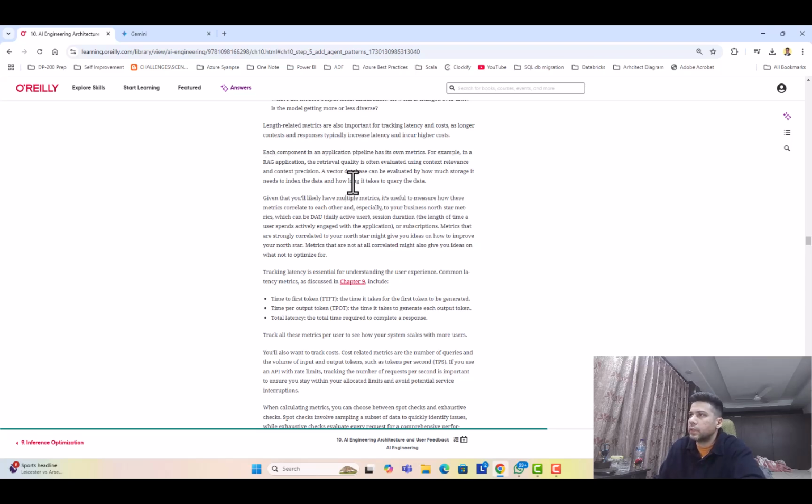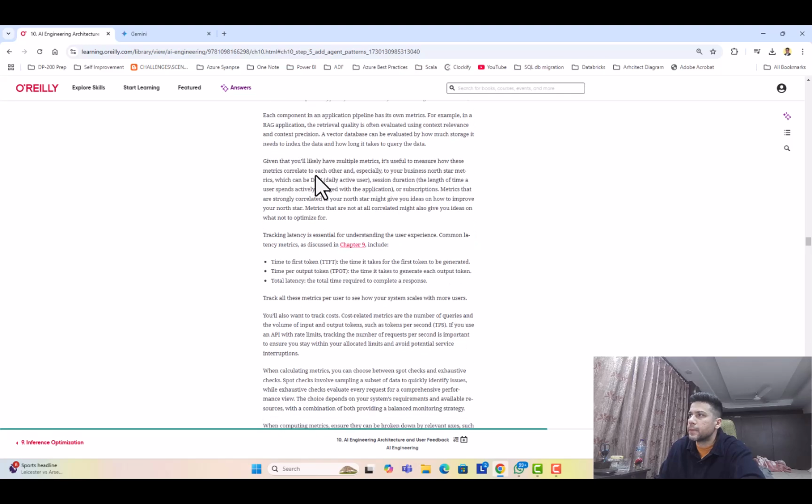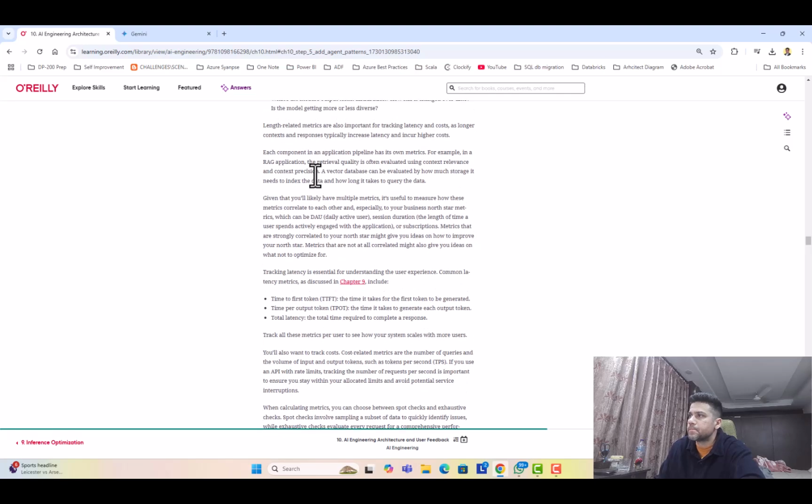Okay, for RAG applications, the metrics around vector database make sense. But let me just go through this line again. Each component in an application has its own metric. For example, in a RAG application, retrieval quality is often evaluated using context relevance and context precision. Okay, the retrieval quality.